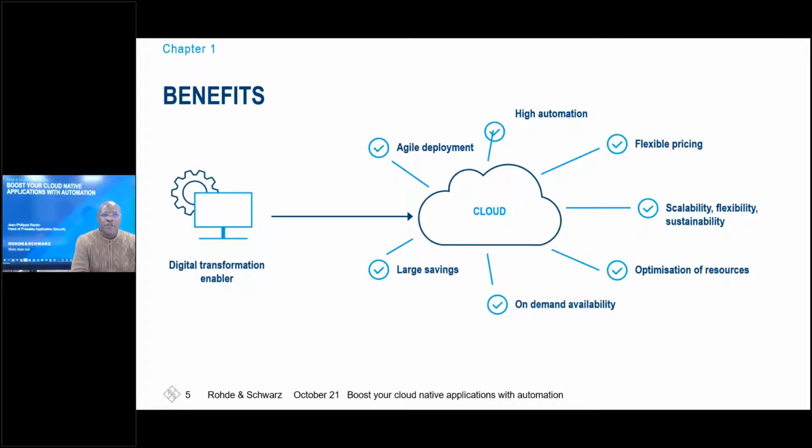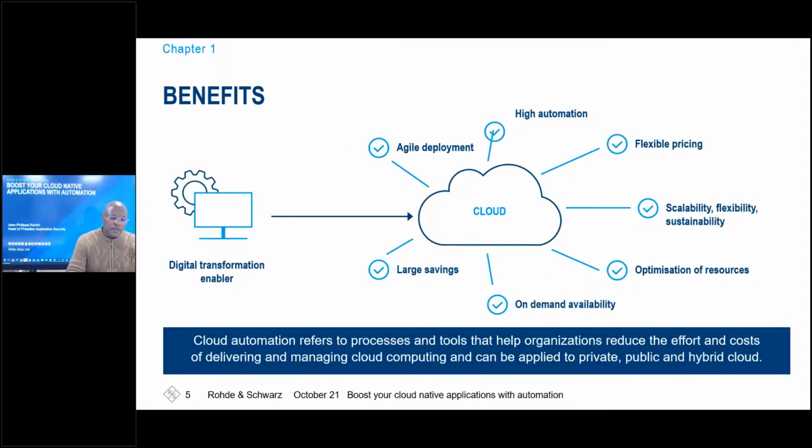You will take the benefit of using on-demand availability. So you will take the best part of the resources. Anything that is not needed will not actually be used, and you will only consume what you need. And you have large savings in terms of cost, as we said, because this is also part of the automation. And let's talk about the automation and how we can actually deploy it.